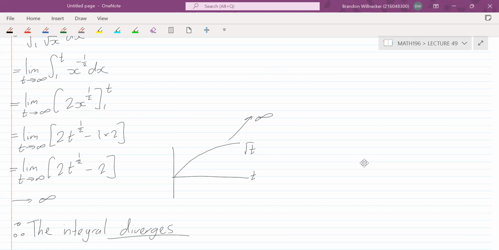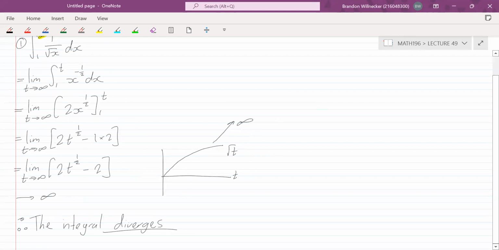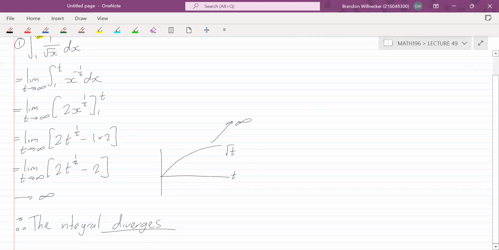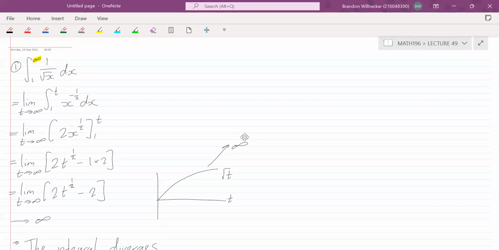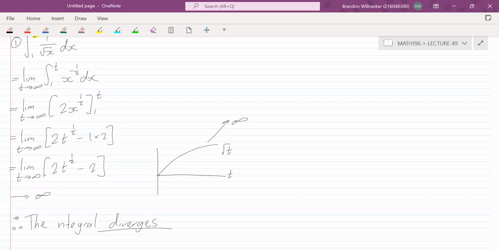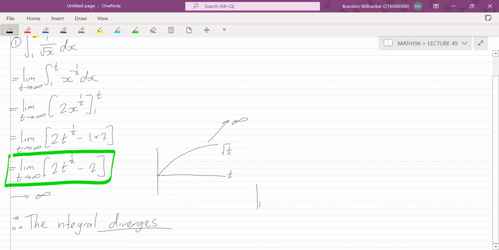I've got a question here: please repeat the second step. Which second step? Taking the limit. Okay. When we're taking the limit, remember your limit laws from last year. We're taking the limit as t goes to infinity of 2 root t minus 2.